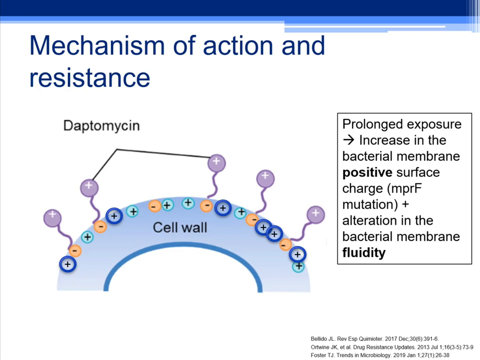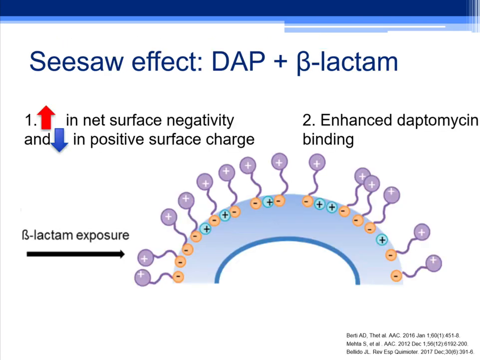So that's what comes along when we add in our beta-lactam. Once again, you have this terminology called the seesaw effect. When you're able to give a beta-lactam, you have an increase in net negative surface charge and a decrease in the positive surface charge, like we were talking about. So you get back to that neutral or almost negative state of the cell wall, allowing more daptomycin to bind.